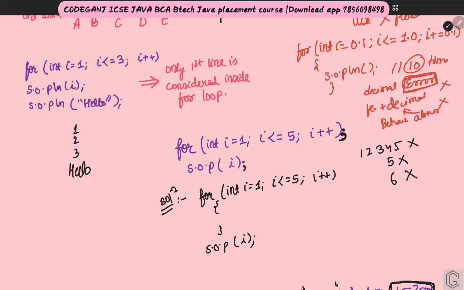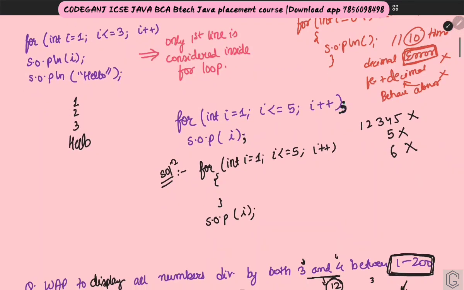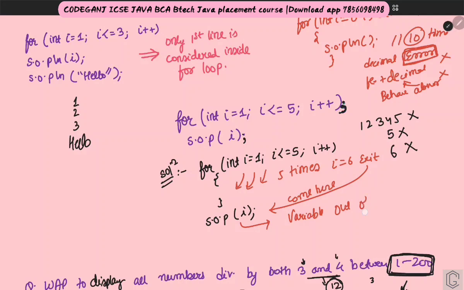What has happened here? You see, a critical error has happened. You know that this is an empty loop, so this loop will run 5 times, no doubt about that. Once the value of i becomes 6, it will exit the loop and come here. But here it will get something called a variable out of scope error. Why?